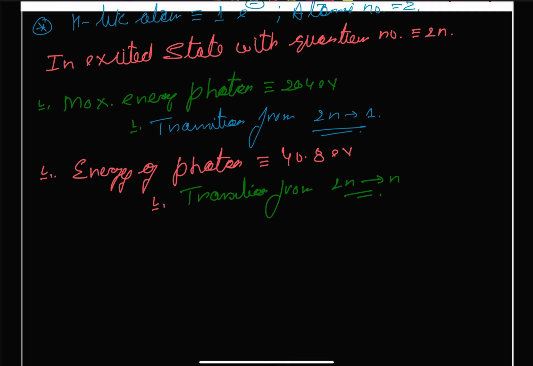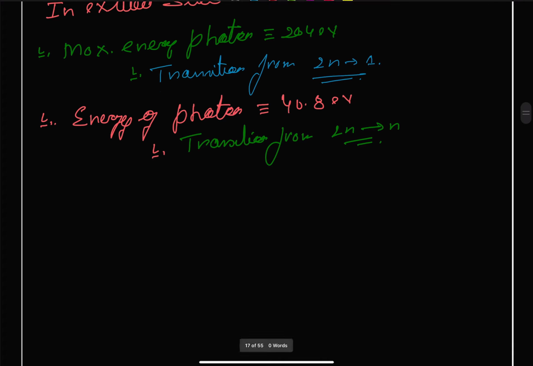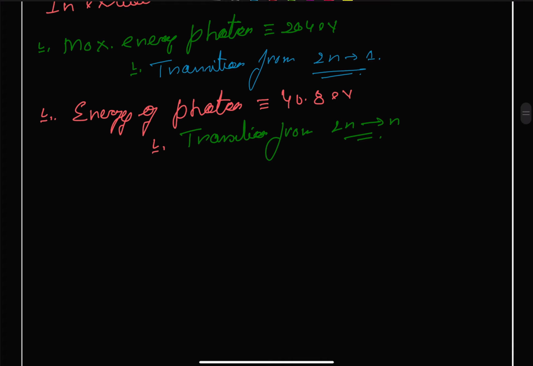So we start with the formula for the energy level. For the nth energy level, we can write E of n is equal to minus 13.6 Z square upon n square, and this is in electron volt.